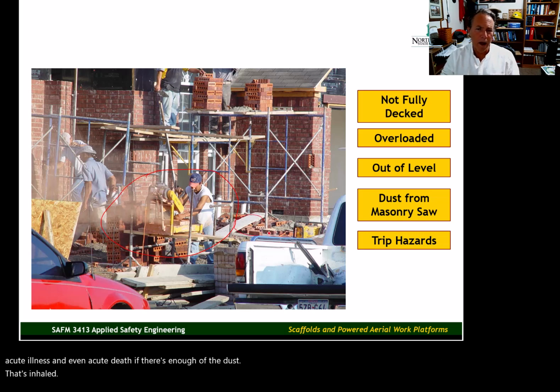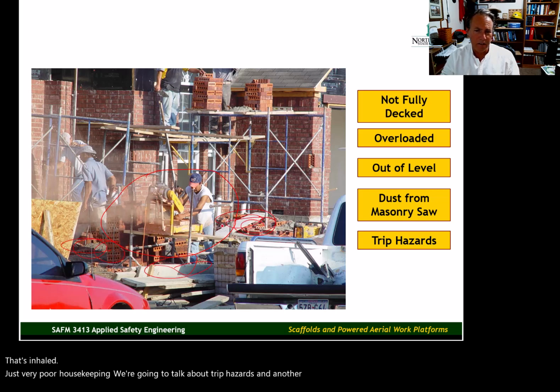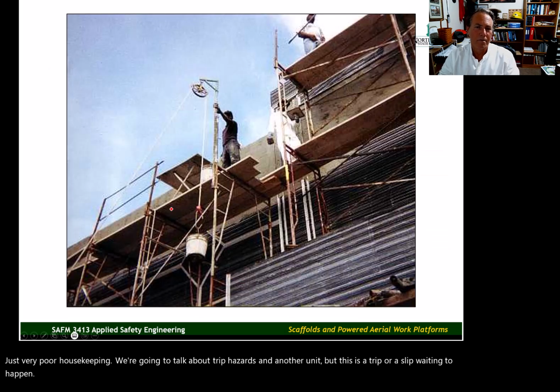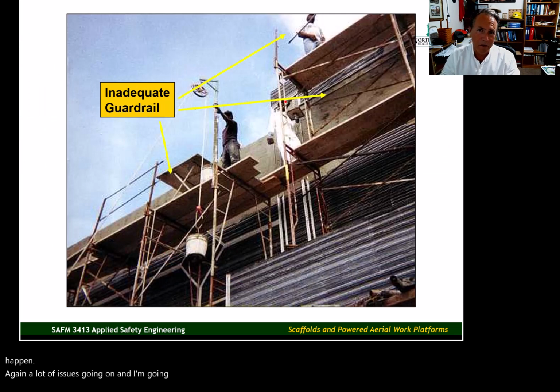Just very poor housekeeping. We're going to talk about trip hazards in another unit, but this is a trip or a slip waiting to happen. Again, a lot of issues going on, and I'm going to speed this up a little bit. We've got inadequate guardrail on different levels.